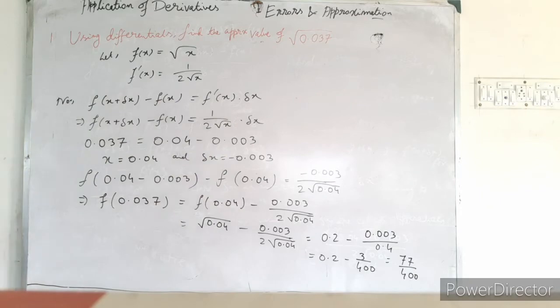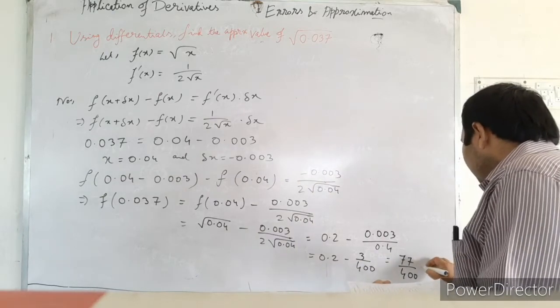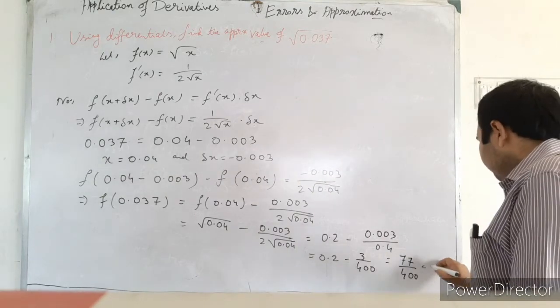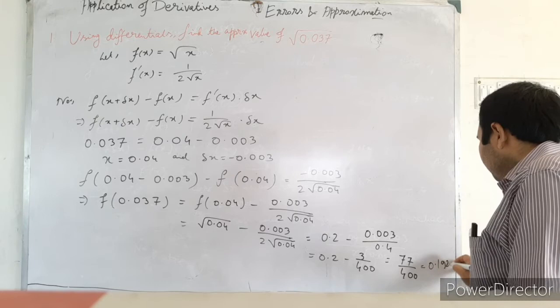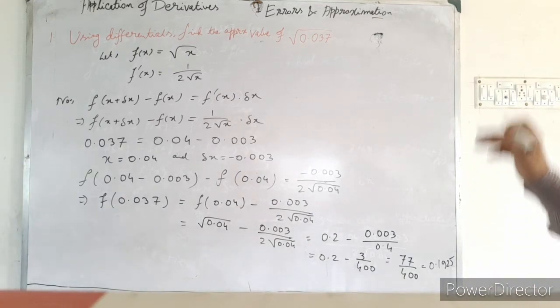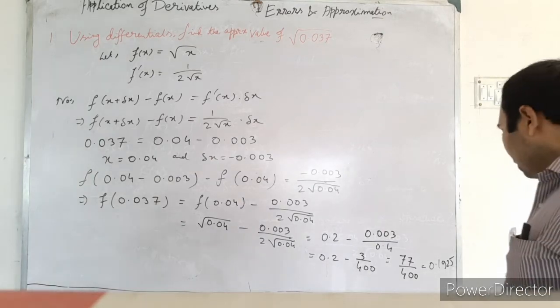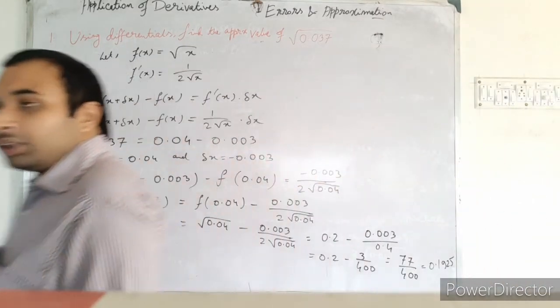I have done the calculation previously, so it is coming 0.1925. So students, this is the approximate value of root over 0.037. Okay, so I think you have got it.